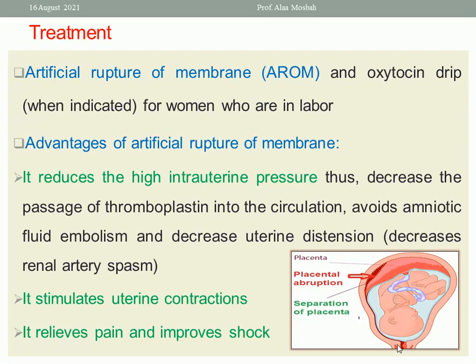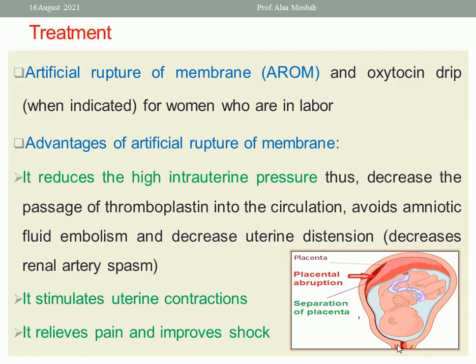Artificial rupture of membranes decreases intrauterine pressure. It also decreases passage of thromboplastin into the circulation, which may cause DIC. It avoids amniotic fluid embolism. It decreases uterine distension, and when I decrease uterine distension, I decrease the reflex renal artery spasm, which is injurious to the kidney.